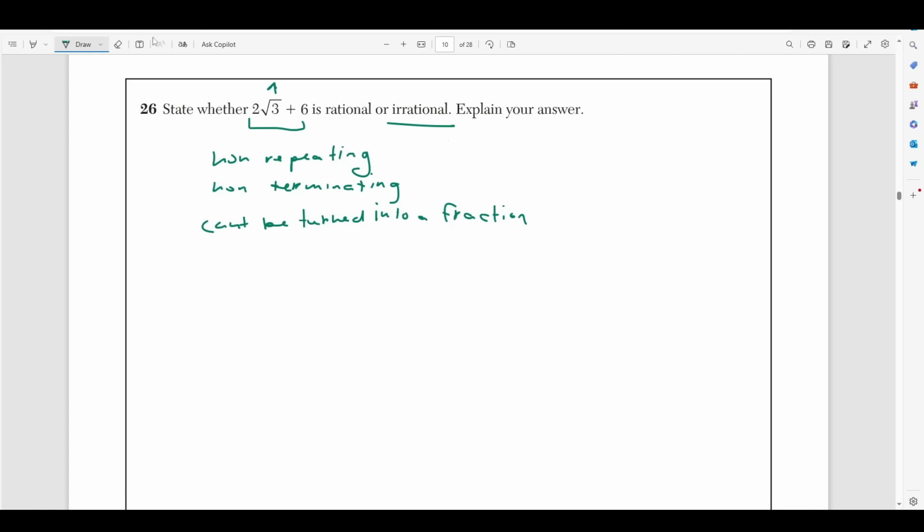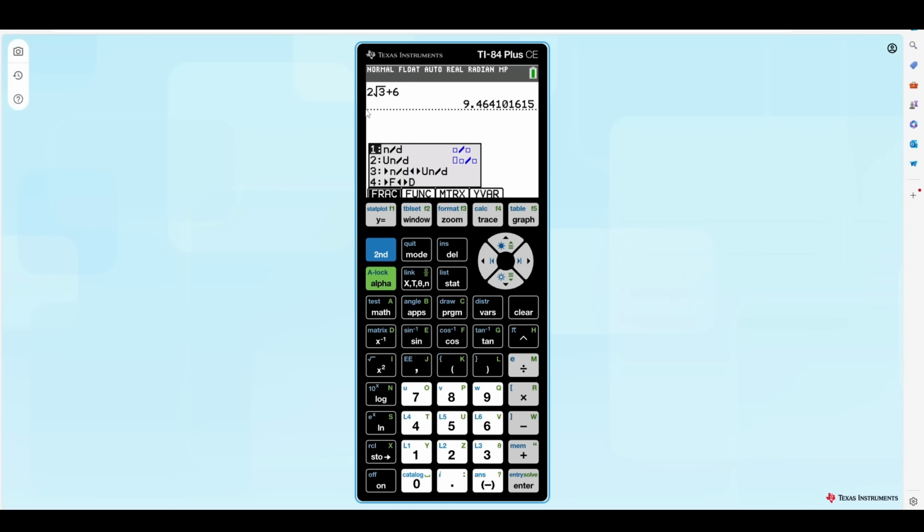But let's see if it can be turned into a fraction. If we go alpha y equals, fraction, it converts fraction to decimal or decimal to fraction, and you see that it cannot be converted into a fraction.